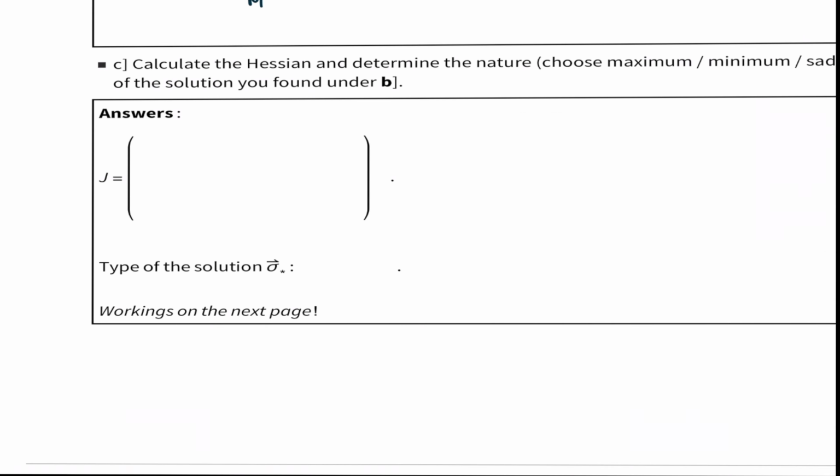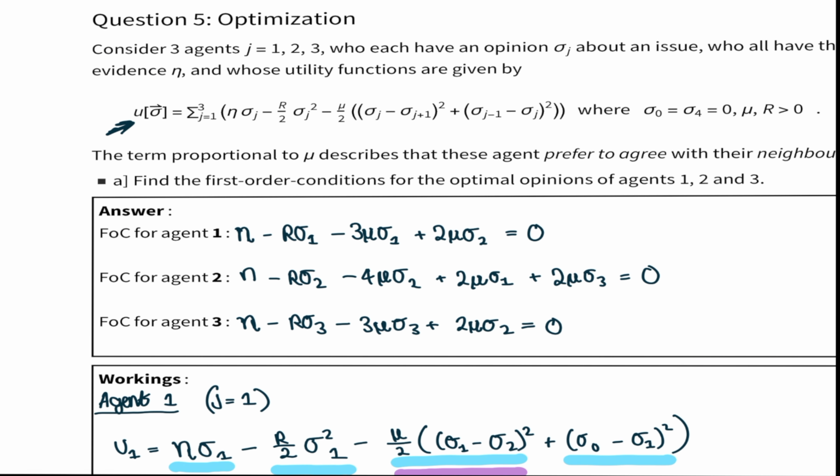Part C is telling us to calculate the Hessian and determine the nature of the solution you found under B. Cool. So the Hessian is just the second order derivatives, which means that we are going to look back at first order conditions and just differentiate them again with respect to sigma 1, sigma 2, and sigma 3.